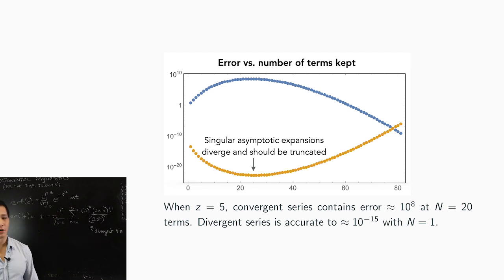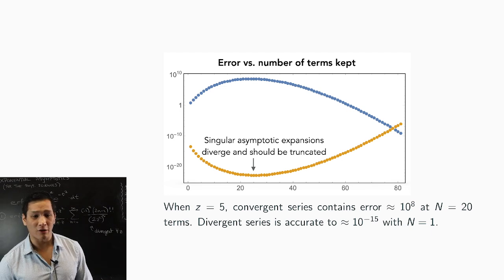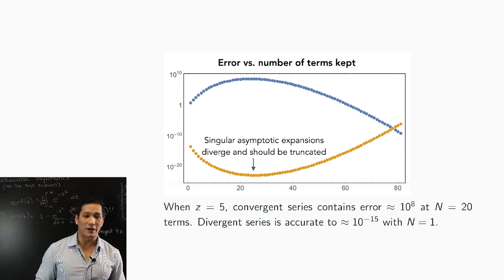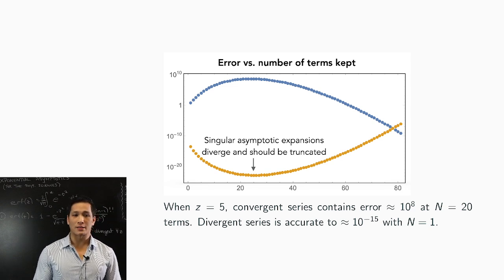Okay, so what you're seeing here in this graph is I've chosen a value of z, z equal to 5. And what I'm plotting on the vertical axis is the error. So I take the exact value of the error function that I might get from a numerical integration, say, and then I subtract out a series approximation of that exact value.